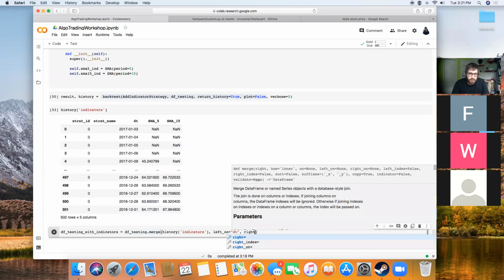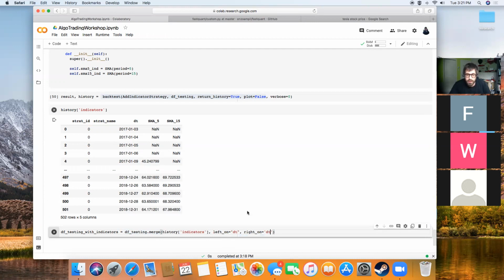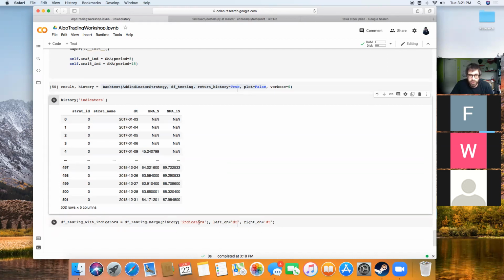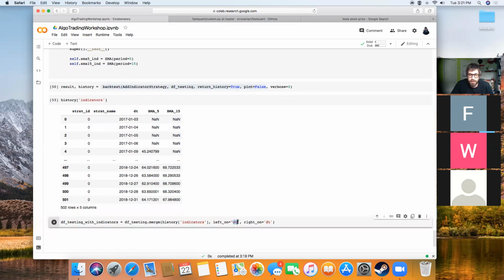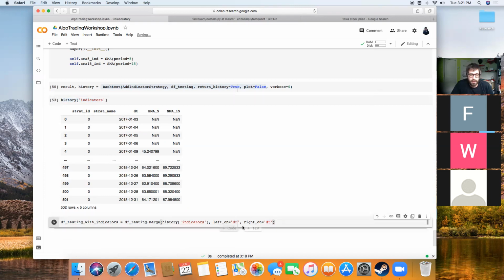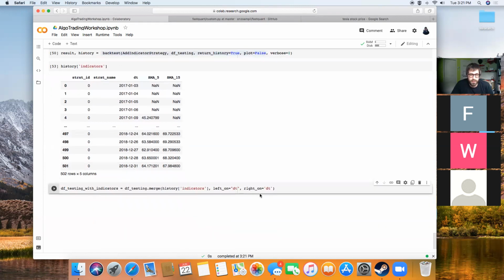And the right one, we're also going to use DT. Because this also has DT, although it is not the actual index, but it is a column moved from our data. So we're going to merge these two data frames using the DT from the left one, which is our data, and DT from the right one, which is this history indicators. Let's see if this works.